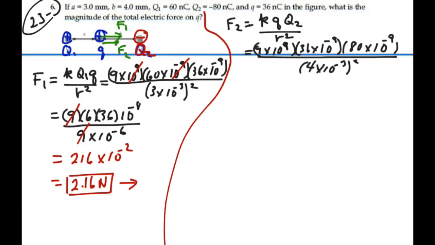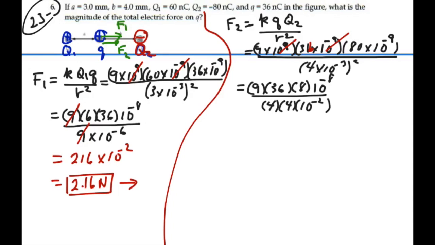Alright, so the 10 to the 9 and the 10 to the minus 9s cancel out. This is a 36. So this is equal to 9 times 36 times 80, times 10 to the minus 8, over 4 times 4 times 10 to the minus 2. Let's see, the 8 and the 4 give me a 2 there, and then dividing this will give me an 18.